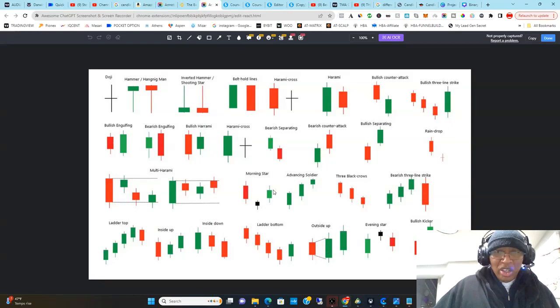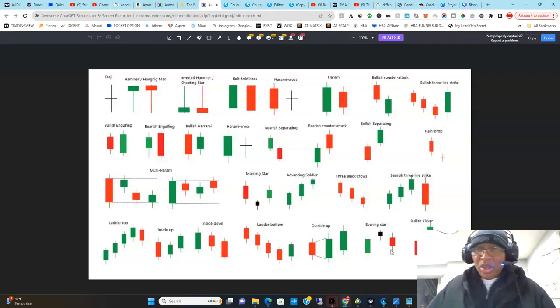This was the morning star arrangement, and now we have an evening star arrangement. See, there's a bullish followed by that, and then we have the red, okay, the bearish, and then a bullish kicker.